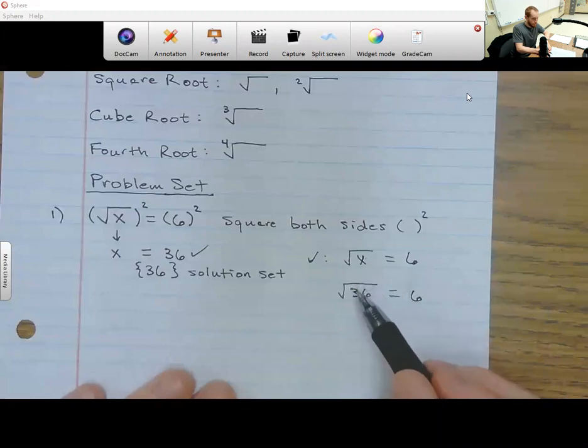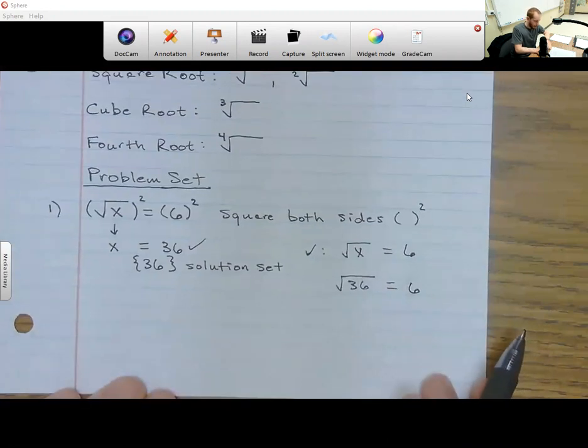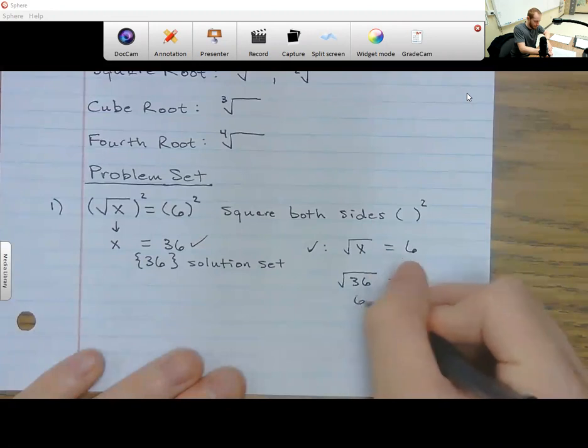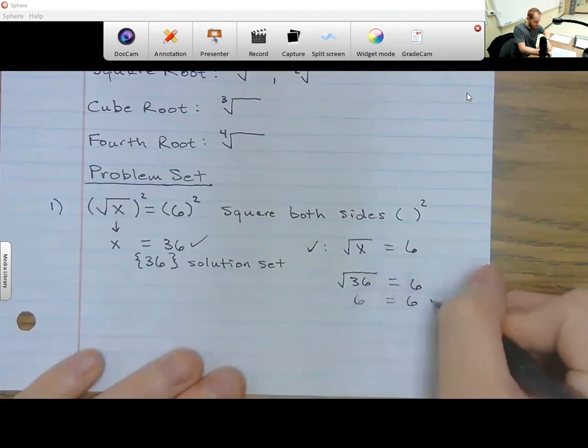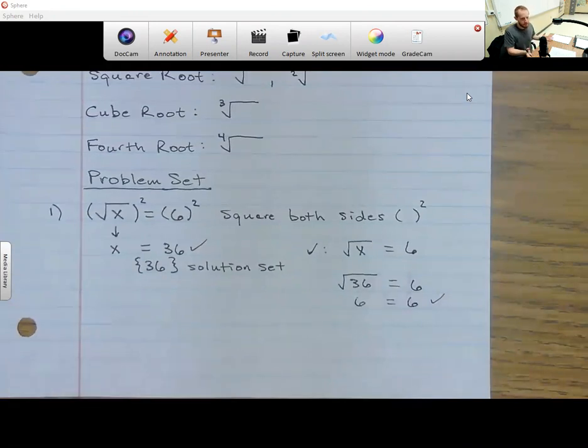On the left side, all I've done is replace x with 36 just to see if it works. The square root of 36 is positive 6. So I get 6 is equal to 6. That is a true statement. 6 is indeed equal to 6, right? There's no controversy there. So I know that this answer works. My answer is 36. Okay?